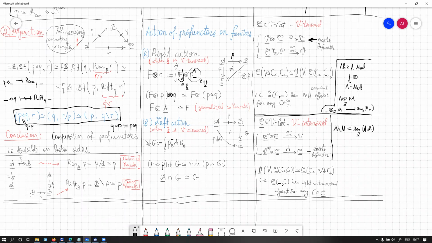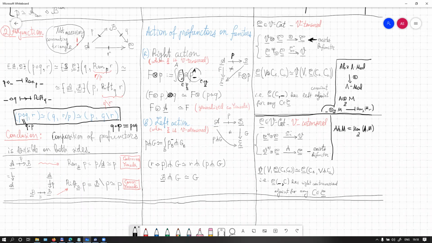So when our category is cotensored, we can perform such an operation between objects of category E and coefficients in category V, and taking the end it gives us the cotensor.